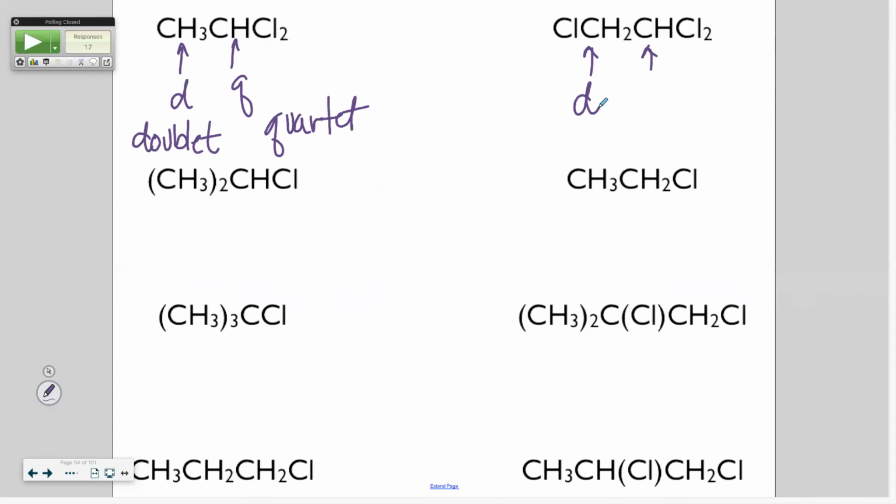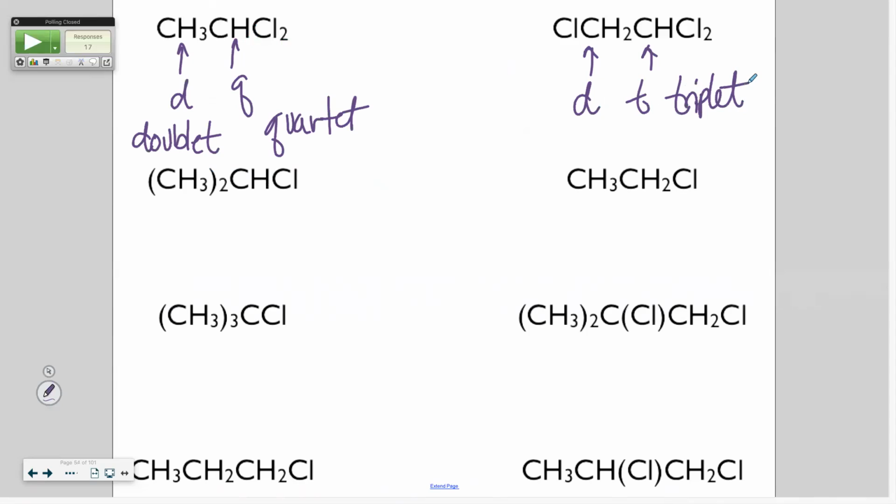So your triplet is going to be approximately what ratios? 1 to 2 to 1. So that's what it'll look like. We're altering the magnetic field that the protons next to us are seeing by a small amount. They're going to come right by each other. It's not like they're going to be spread out over the whole spectrum. They're going to be right there. So this one is going to be a T for triplet.